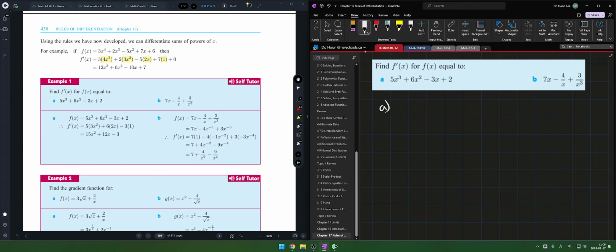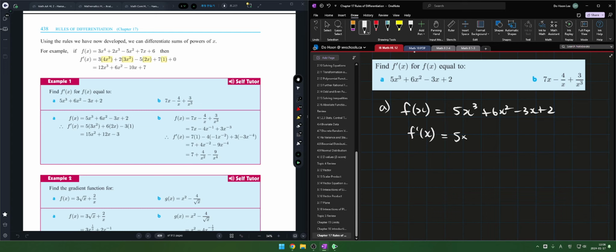Okay, for the first part, I'll do it slowly, but if you want to go faster, you can. We have f of x equal to 5x cubed plus 6x squared minus 3x plus 2. That means that f prime of x, or dy over dx, however you want to call it, is equal to, let's look at the first one. So 5x cubed, so 5 stays there.